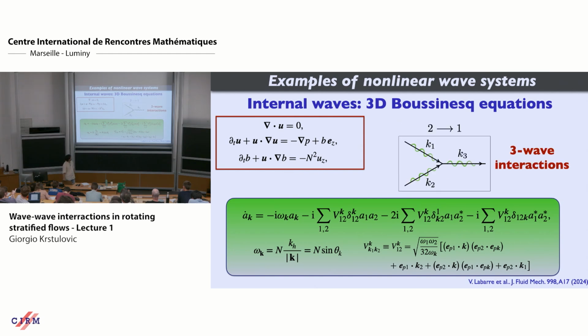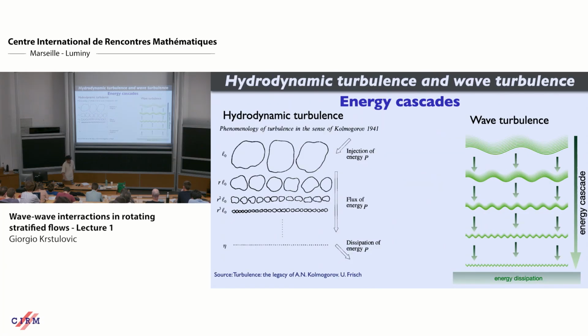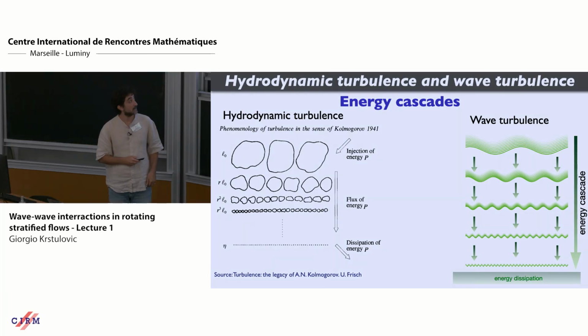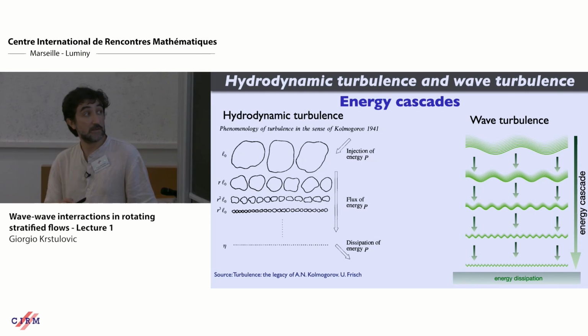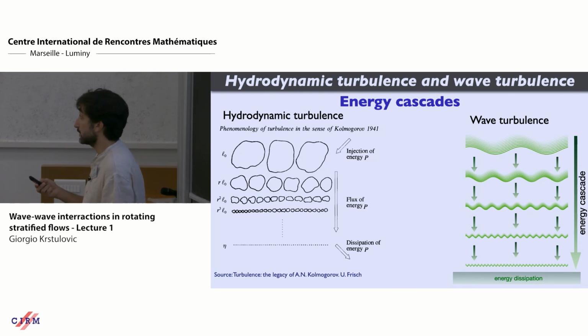Again, this is a three-wave type of interaction. So why do we call all this wave turbulence? What is the turbulence in here? It comes from the concept of turbulence in hydrodynamics.